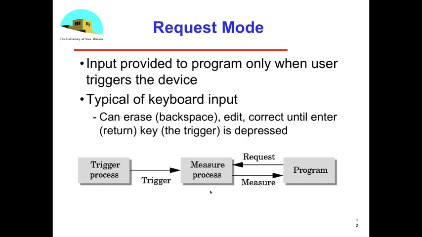Nothing is happening with the program until you enter that information. While you're entering it, you can backspace and do things, but not until you hit the enter or return key does anything actually happen. So nothing is returned back to the program until the device has been triggered. We can look at it in this simple diagram, where there's some sort of measurement process going on.